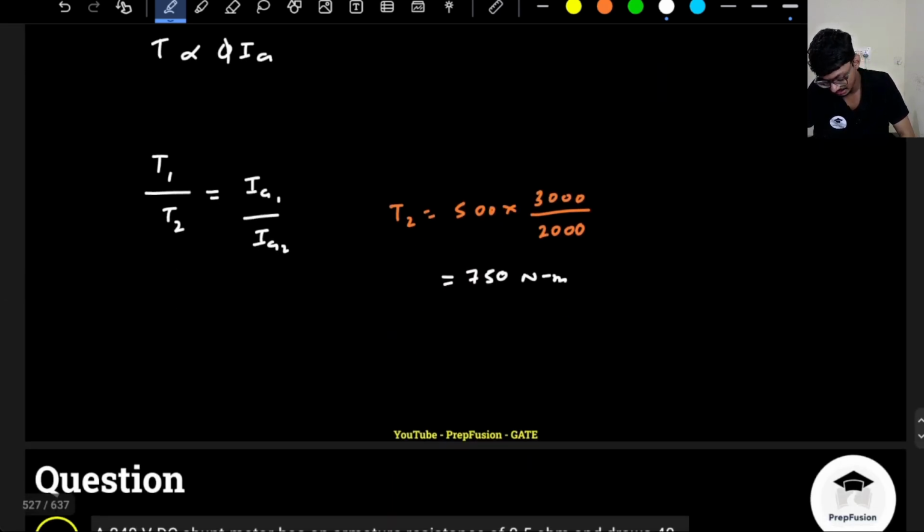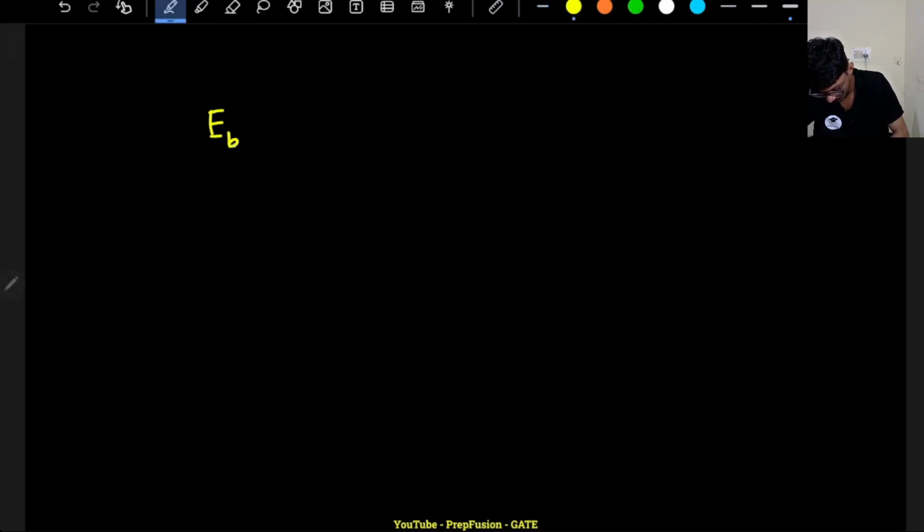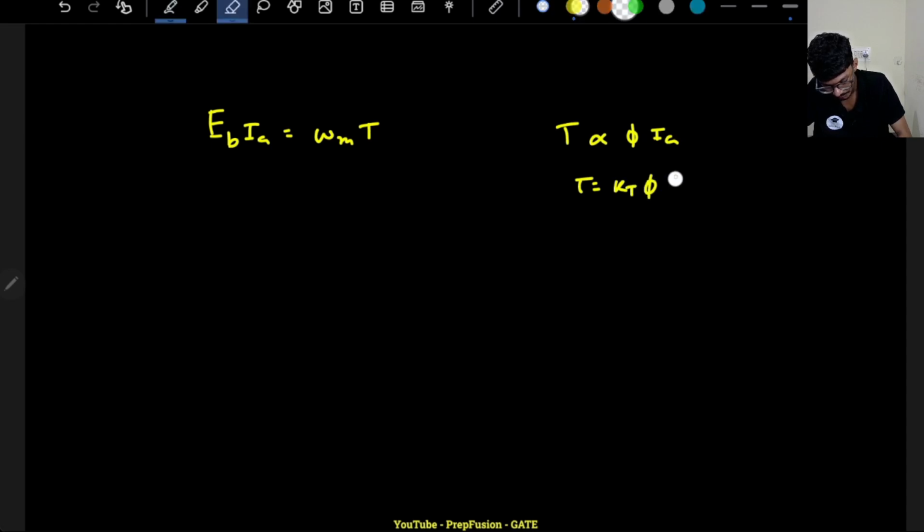So now let's discuss a fundamental thing, that is this equation, EB into IA equals omega m into torque. So what do I know? That my torque is proportional to flux into IA, correct? So torque is equal to, let's say, some kT phi into IA.